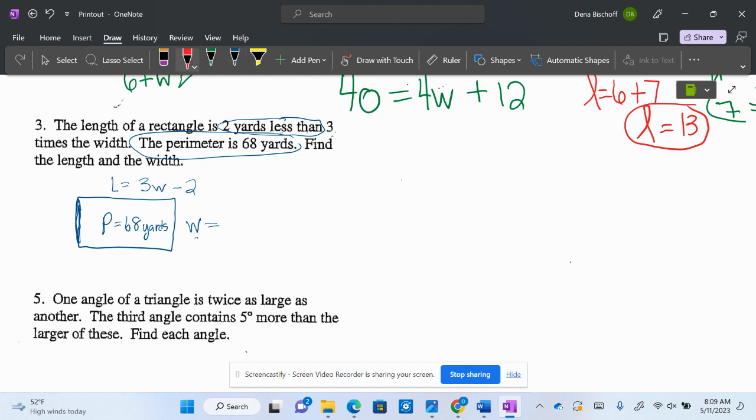So the two expressions that we're going to use are 3W minus 2 for the length, and we're just going to let W be the width. Okay? W is our width.